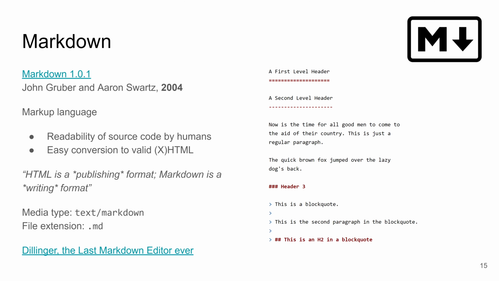And let me mention, there is a nice online editor of Markdown, where on the left-hand side you write Markdown, on the right-hand side you see the rendered HTML, so you see the web page. And this actually is what the authors had in mind when they designed Markdown.